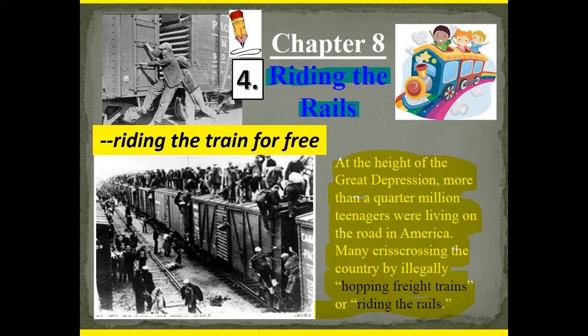They did this by being very sneaky, and they had to run away from the police. So make sure you wrote number 4, riding the rails, which would be riding the train for free illegally. And they did that so that they could travel for free all across the United States.